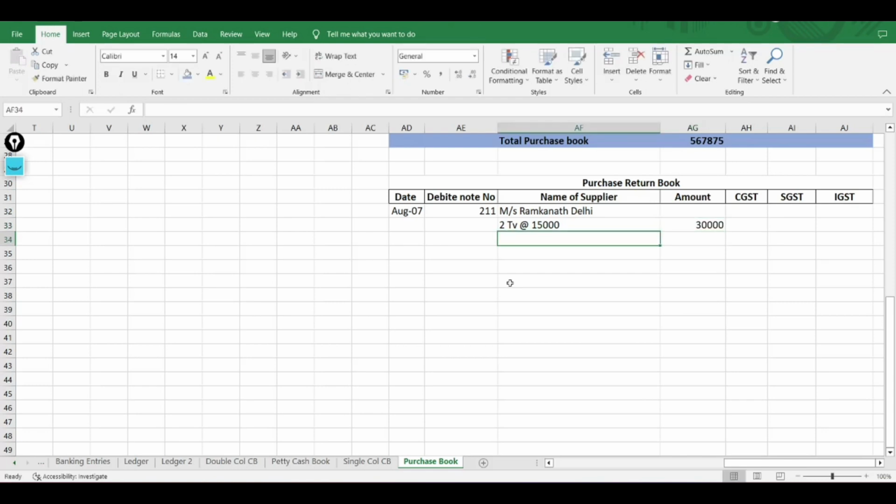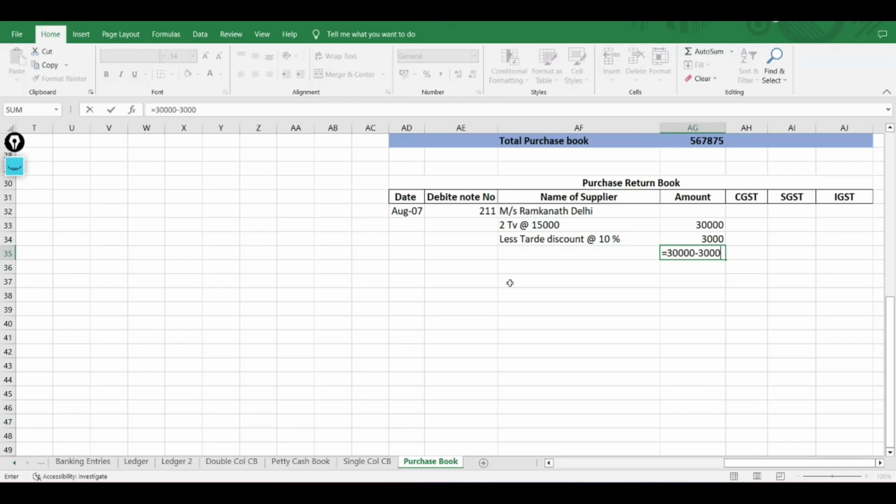We are returning only TVs because they were defective, and since trade discount was allowed, we have to again deduct the trade discount at 10% on 30,000, which is 3,000 rupees. So 30,000 minus 3,000 after deducting the discount is 27,000.